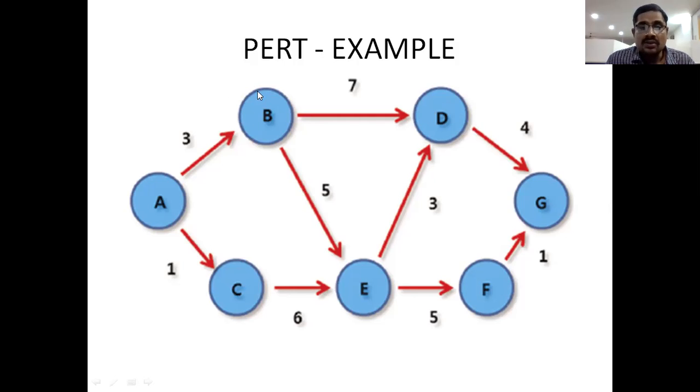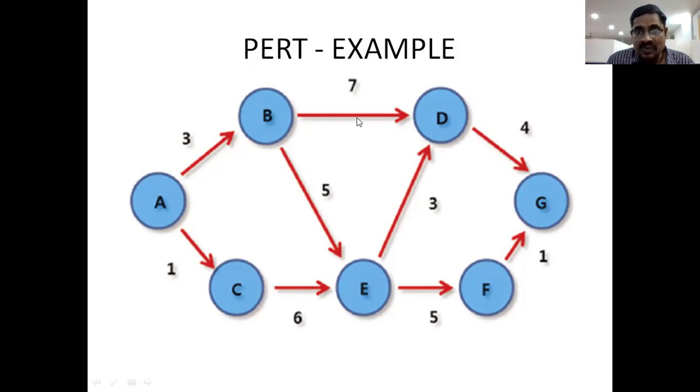So these are the events: A, B, C, E, D, G, F, and 1, 3, 7, 5, 6, 3, 4. These arrows are the activities. So this is where the differentiation is.